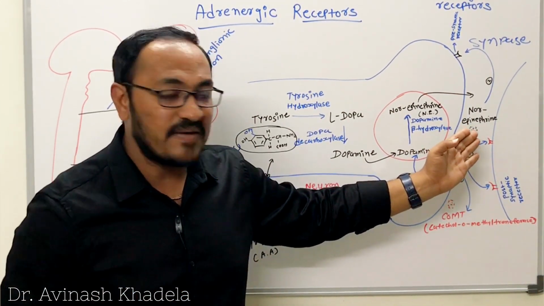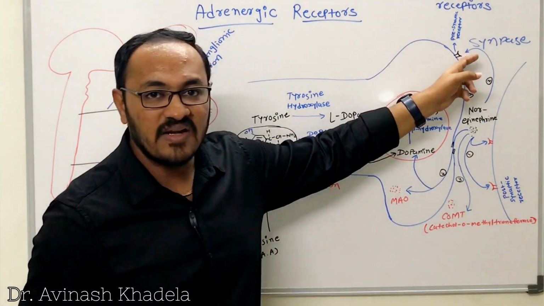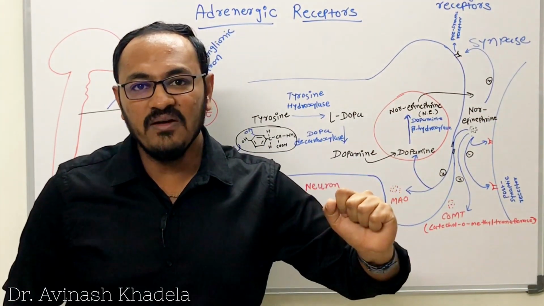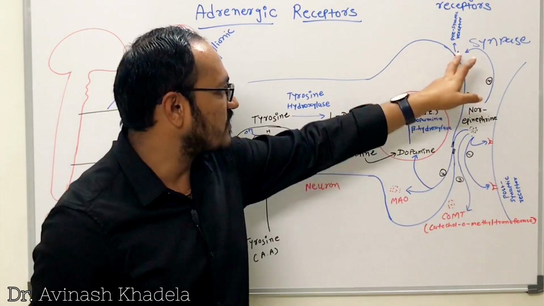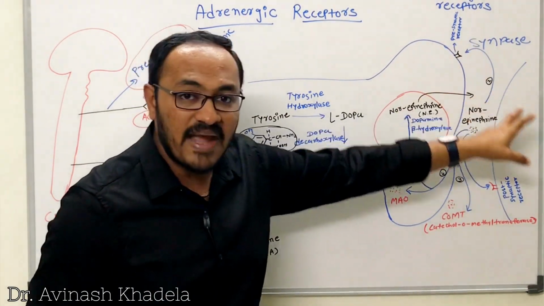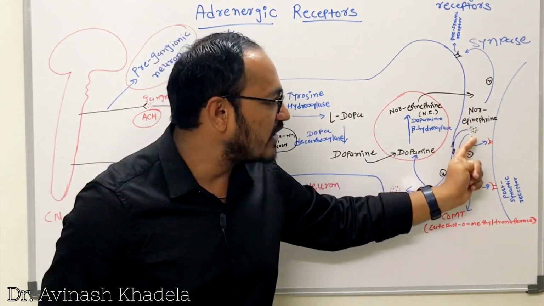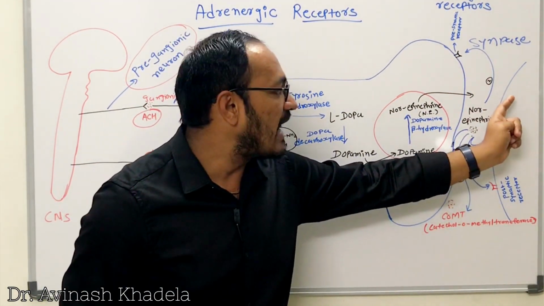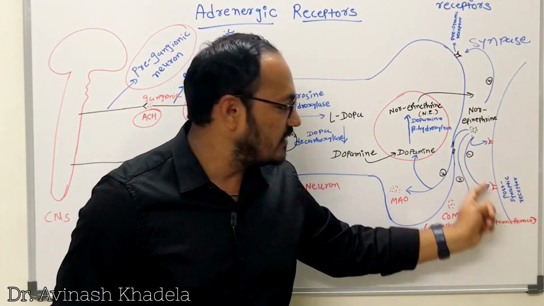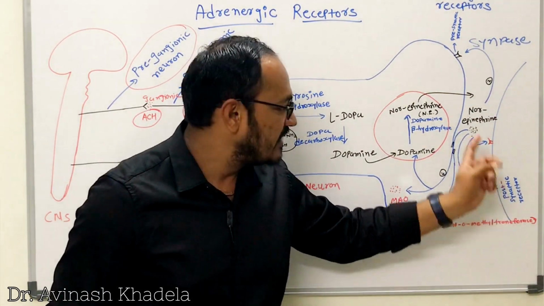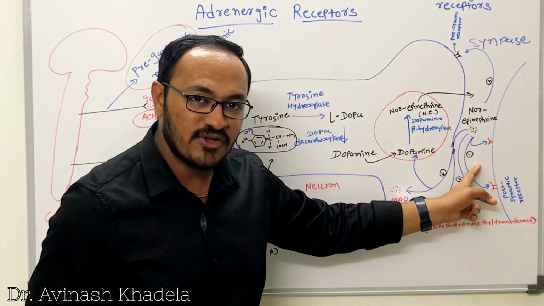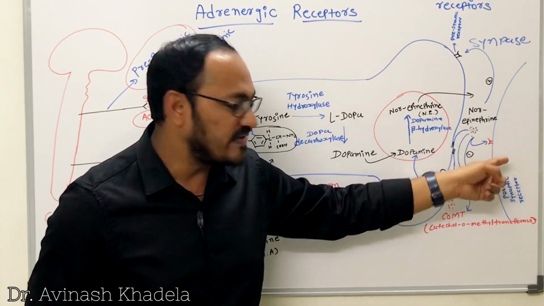But among alpha receptors, the alpha-2 receptor is also located on the presynaptic juncture. So there are some actions of norepinephrine. Once it is released from the vesicle, it will go and bind to the postsynaptic receptors first. That is the first utilization of norepinephrine released from the vesicle.